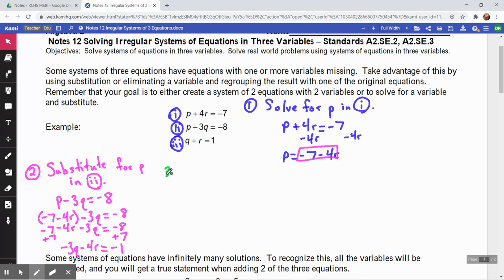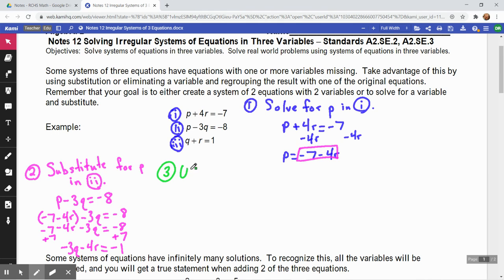So now we need to combine equation 3 with this new equation from step 2. So let's go ahead and do that over here in this space.